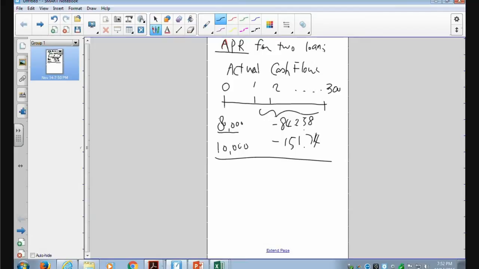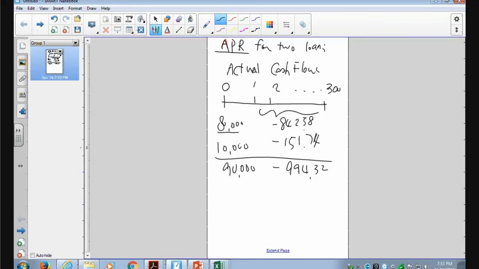You are computing the APR for the combination of these two loans, so use addition. $842 plus $151 will be $994. So if you borrow these two loans, $90,000, every month from month 1 to month 300, you pay $994.32, right? So now we have this cash flow.